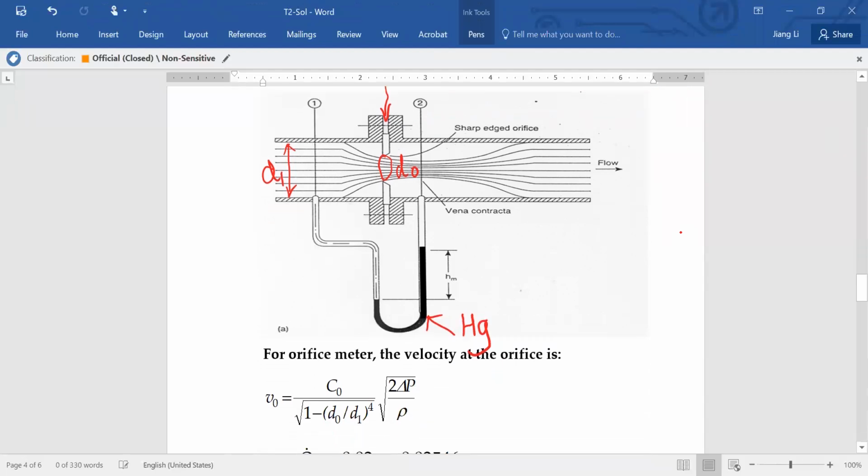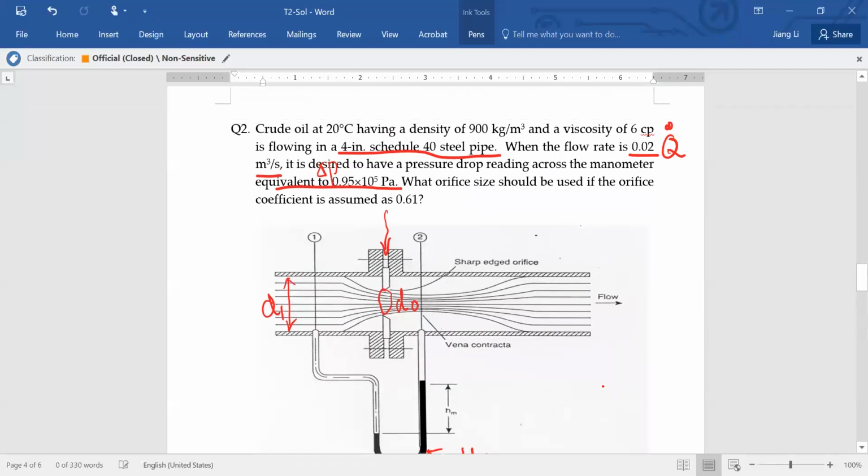So the formula is more or less the same as a venturi meter. We just use a different symbol. We use VO for velocity at the orifice. DO is the diameter at the orifice. And the question here asks you what orifice size should be used.